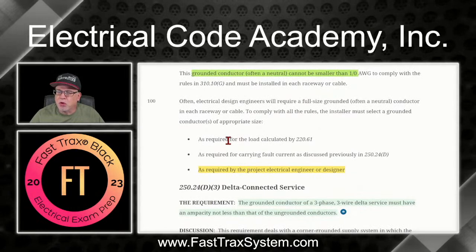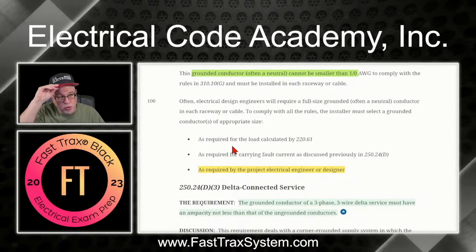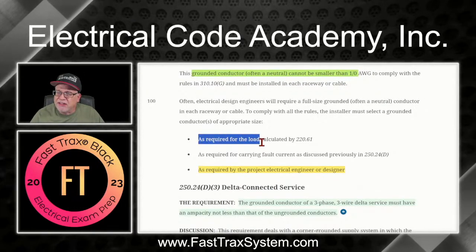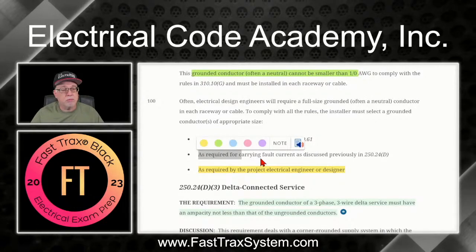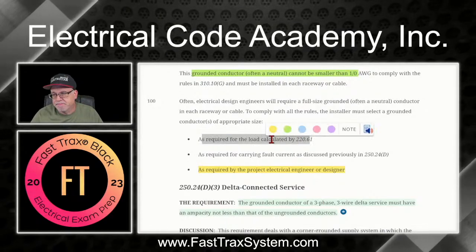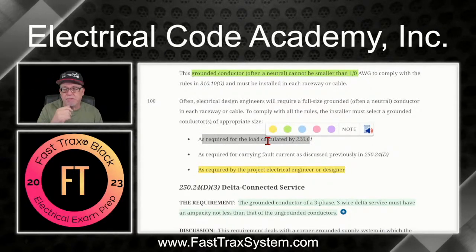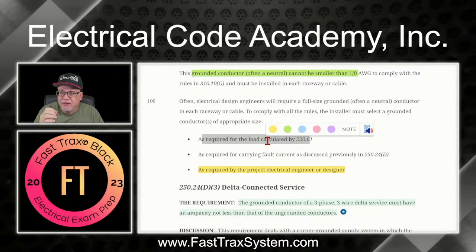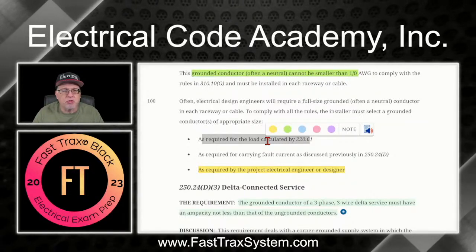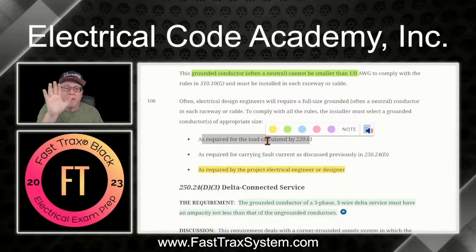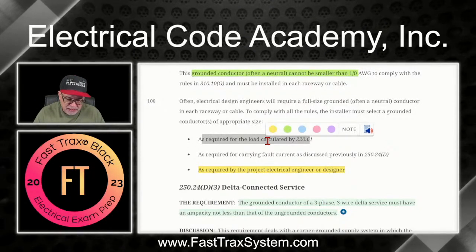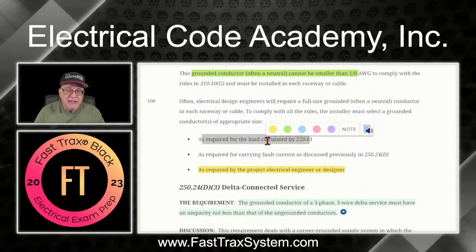Now, I want to remind you real quick, before we look at a delta connected service where you have a corner grounded delta, which is a grounded conductor, not a neutral, this is your logic chain that you have to go through when sizing these grounded conductors. Number one, do a load calc. If my calculation, for example, was 600 amps of neutral current, I'm just throwing a number, and I take that 600 and divide it by 3, then I have 200 amps.